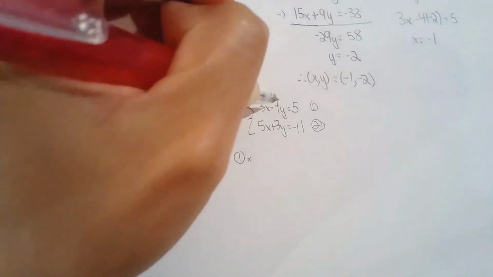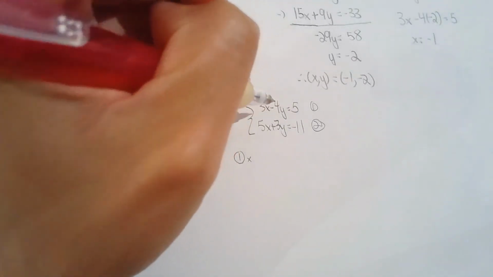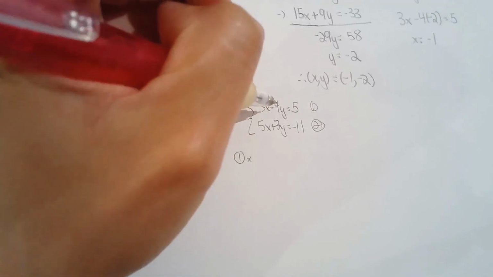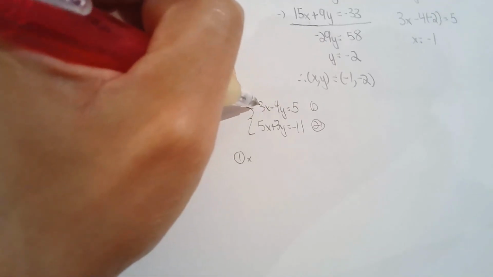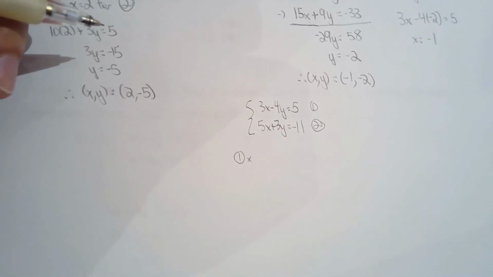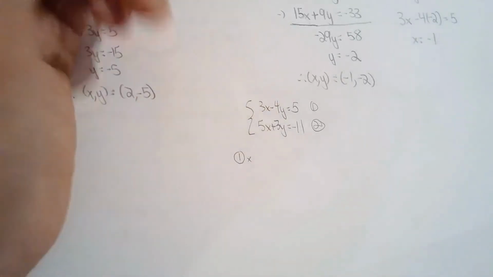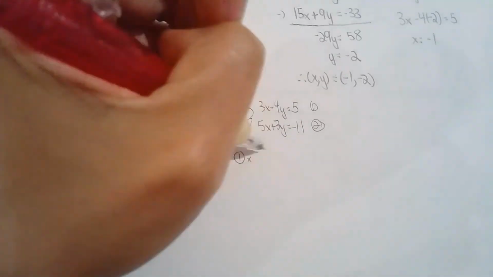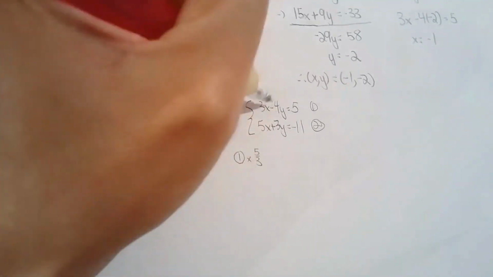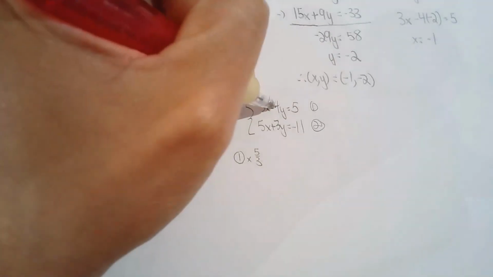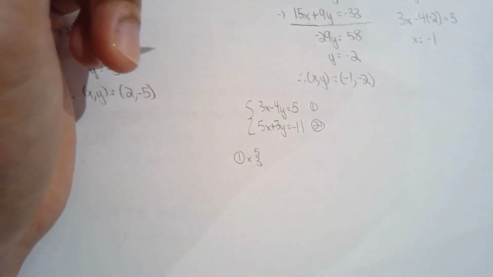You can take equation 1 and multiply it by 5/3 if you want to eliminate x. 5/3, right? 3 times 5/3 is 5. Or you can multiply it by 3/4, because 3/4 times 4 is 3.